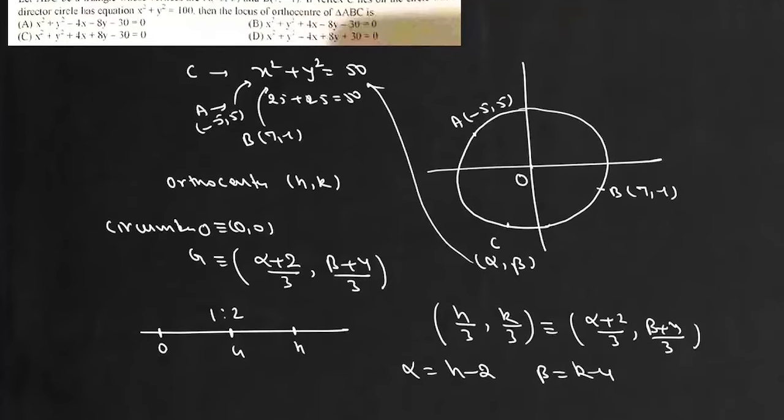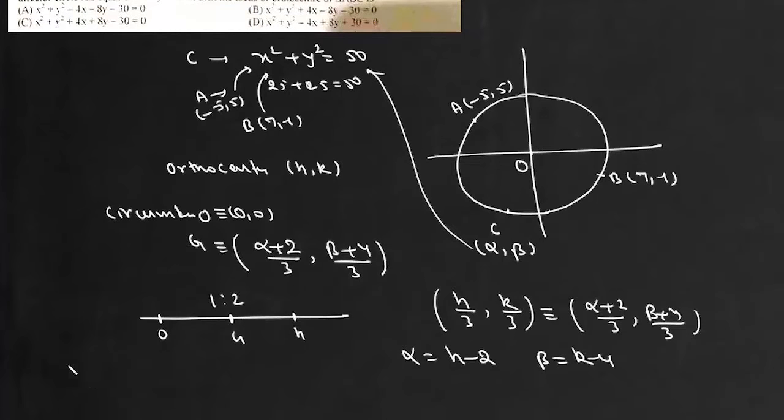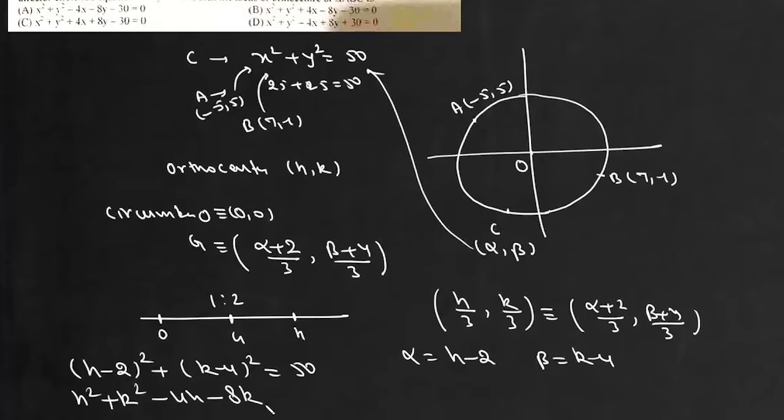So this required locus will be H minus 2 whole square plus K minus 4 whole square, and it is equal to 50, or H square plus K square minus 4H minus 8K minus 30 equals 0, or this equation is X square plus Y square minus 4X minus 8Y minus 30 equals 0, and that's your option A.